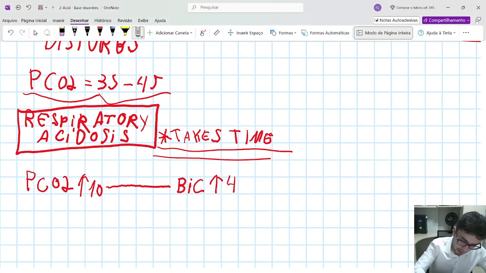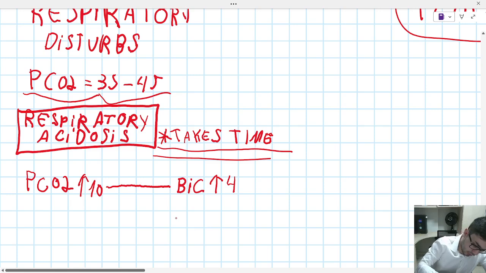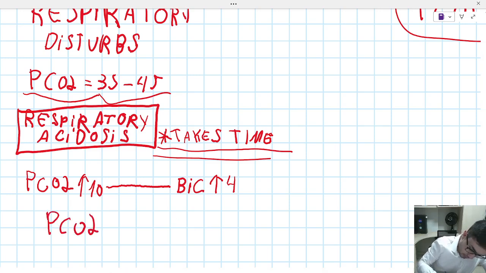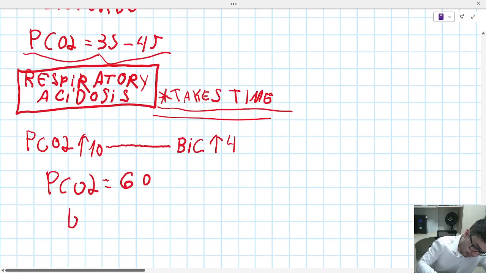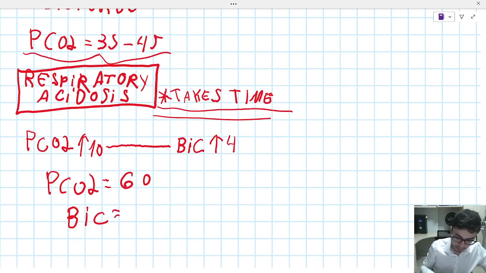So if we have a PCO2 of 60, we are 20 units above the middle point of the normal value, so we need to add 8 to the bicarb.